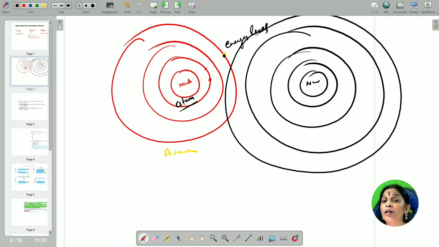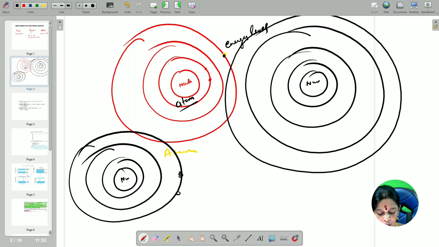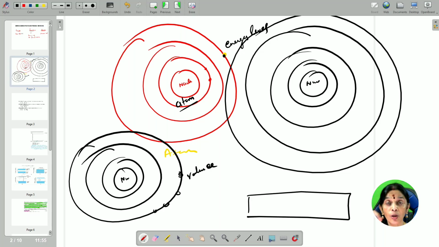There is a possibility of overlapping of these shells, due to which each and every electron has its unique value of energy and forms a band called an energy band. For example, this is a valence electron, which has some energy, and the energy levels created due to the valence electron you call the valence band.